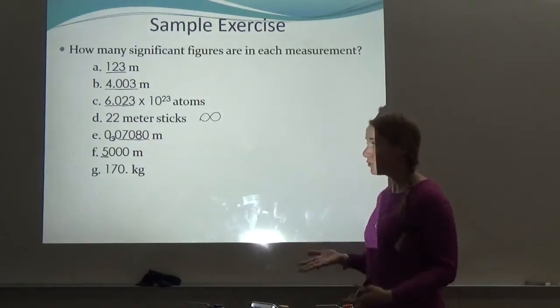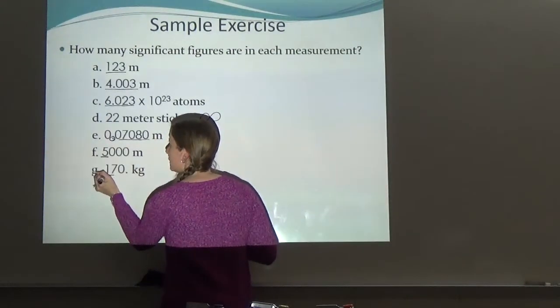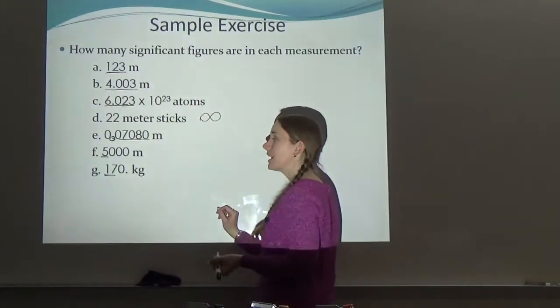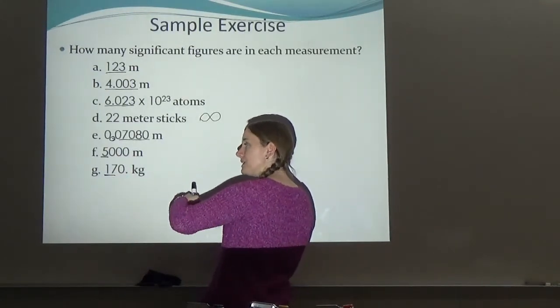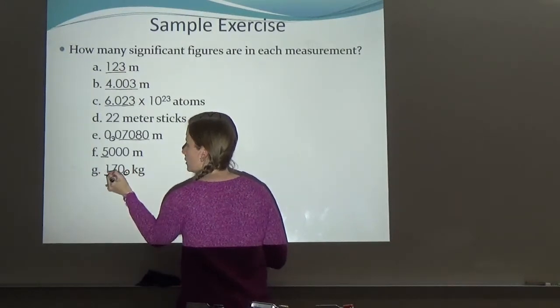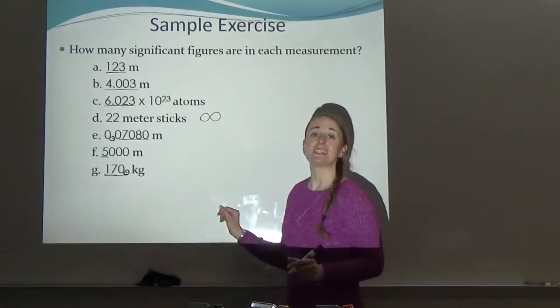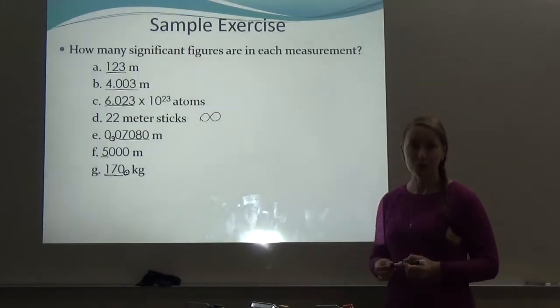They're just placeholder zeros. All right, so part G, we know 1 and 7 are significant because they are not zeros. Here is a back 0, a 0 after the significant figures, but this time I can see the decimal point, so it is also significant. That means it was measured instead of just being a placeholder.